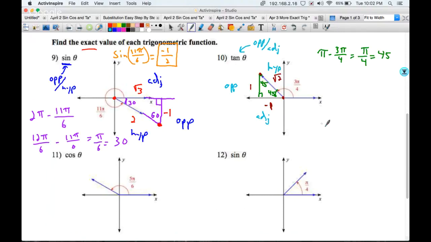Opposite over adjacent. The opposite here is 1. The adjacent is -1. So the tangent of 3 pi over 4 should be equal to 1 divided by -1, which is just -1.